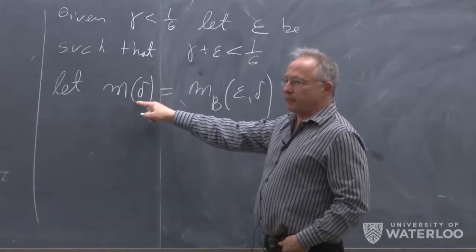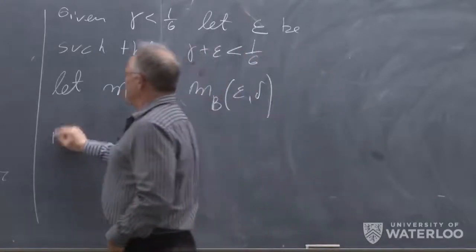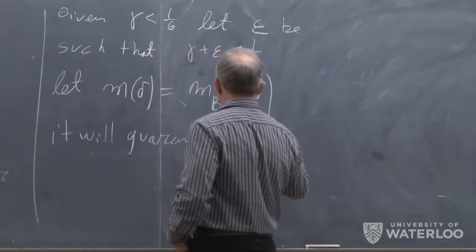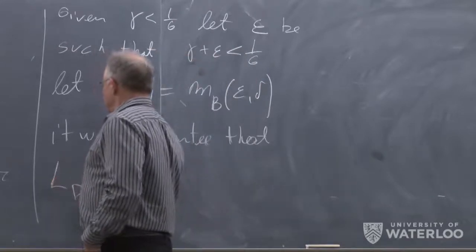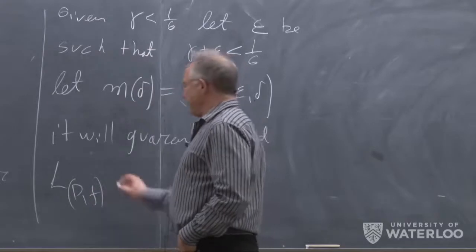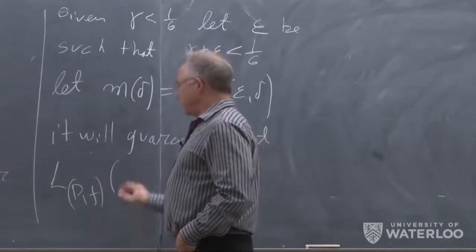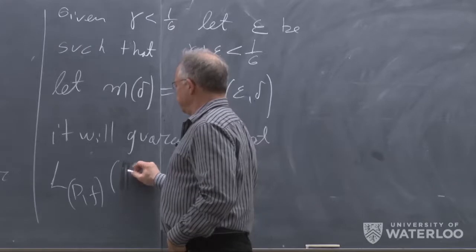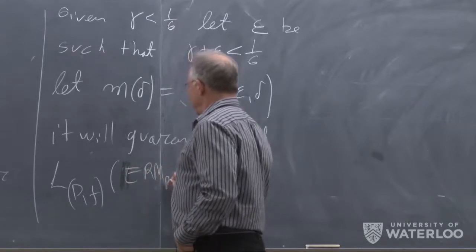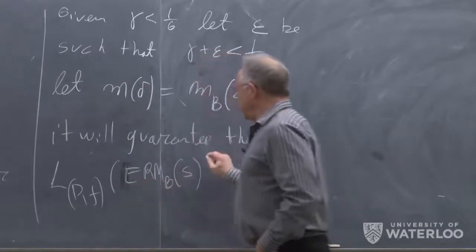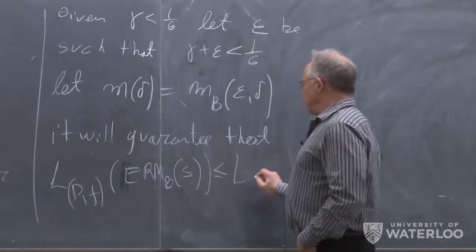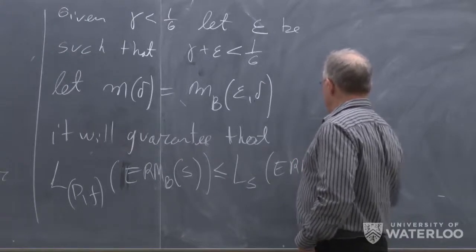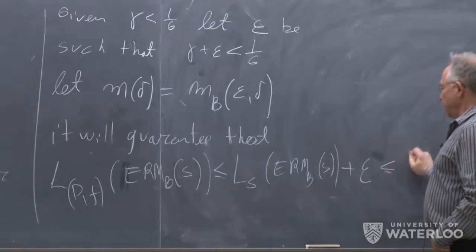If I have such a sample size, it will guarantee that the true error with respect to any distribution of the output of my algorithm, say h, which is ERM_B of my sample, will be at most the sample error of ERM_B over the sample plus epsilon, which will be at most 1/6.